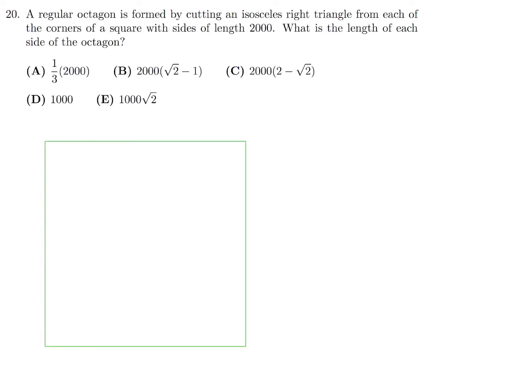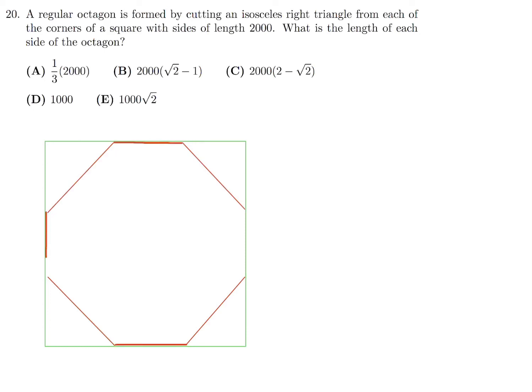So here's a square, and now I have to draw an octagon, and I'm going to do that according to the rules of the question by cutting isosceles right triangles from each of the corners. So I'm going to cut there, and I'm going to cut so like that. That basically becomes an octagon where these are the sides.